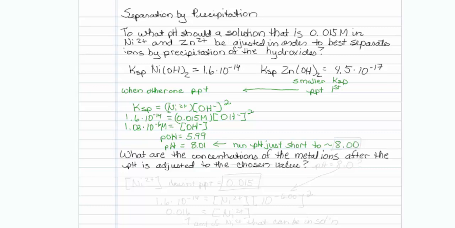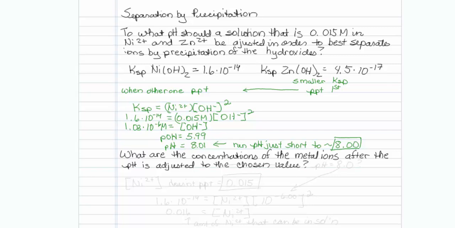Why not? We're running it just short of where the second one starts to precipitate. So, I would put in 8 as my answer. You can choose what you'd like. You could go shorter if you wanted at 7.9, but that's the best separation you would get.